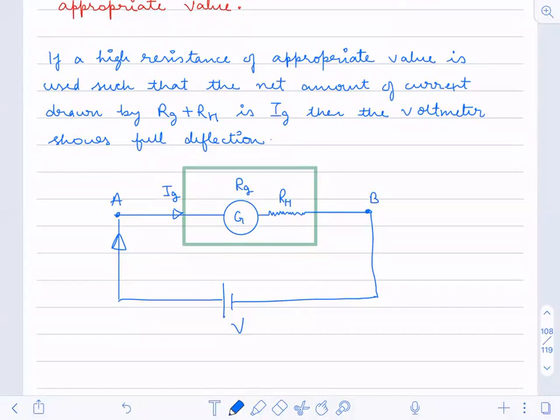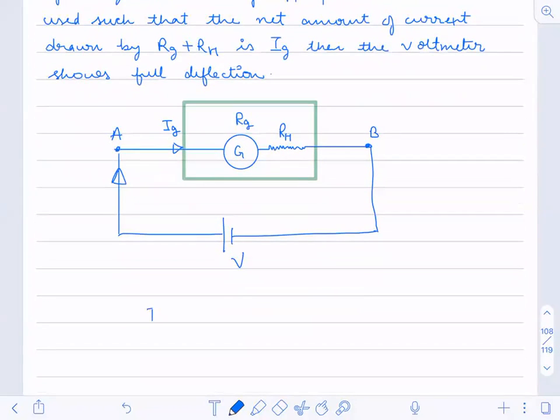The current is given as potential V divided by Rg plus RH. Now from here we have to calculate the value of RH.